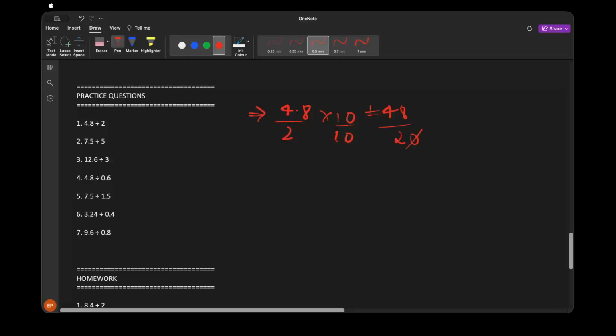The answer will be 48 divided by 20, which is 24 divided by 10, which is 12 divided by 5. How much will we get? 5 2s are 10. I have to put a decimal, it will become 20, 5 4s are 20. The answer is 2.4.